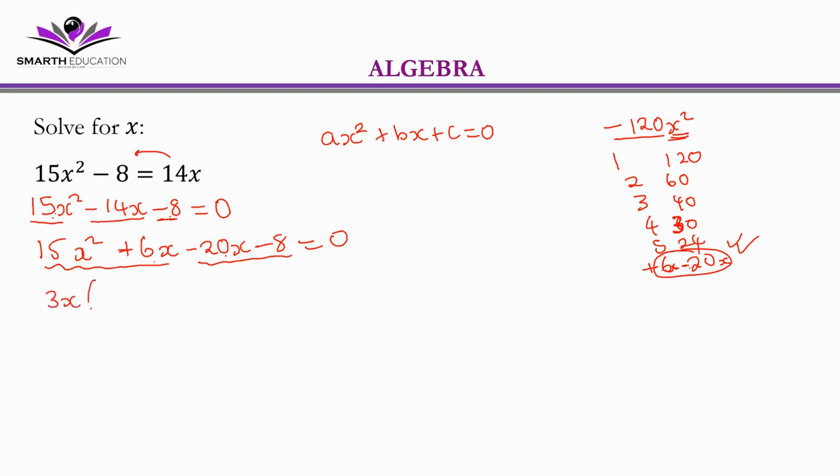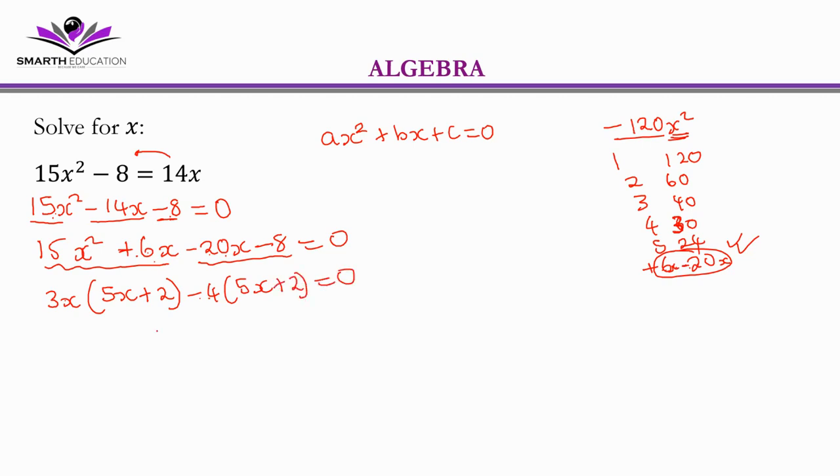Factor it out. 15x squared divided by 3x, you get 5x. Positive 6x divided by 3x is positive 2. And what's the highest common factor here? Let's factor out negative 4. Negative 20x divided by negative 4 is 5x, and negative 8 divided by negative 4 is positive 2.